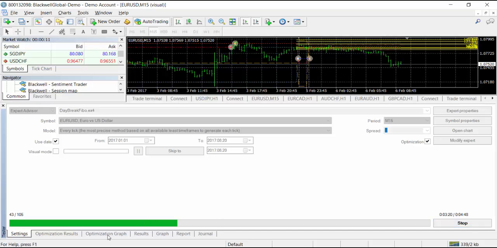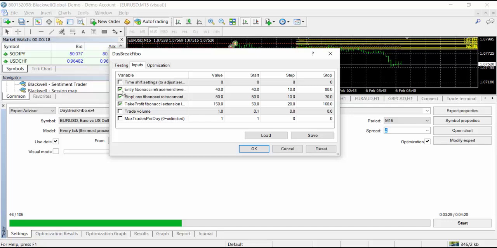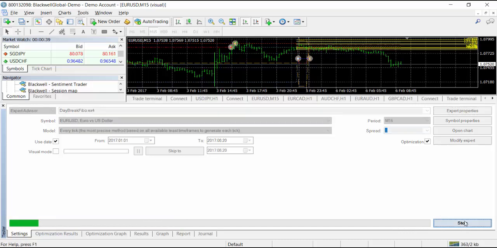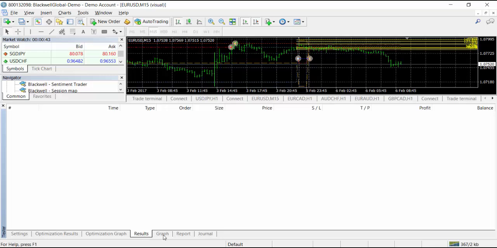It's already done half of the analysis that I've just shown you, but we can stop it, and we can then change this to 50, 60, 150. 50 entry, 60 the stop loss, and 150. So let's see what kind of result we get for that. If not, I change it back to 40 if that gives us a decent result.